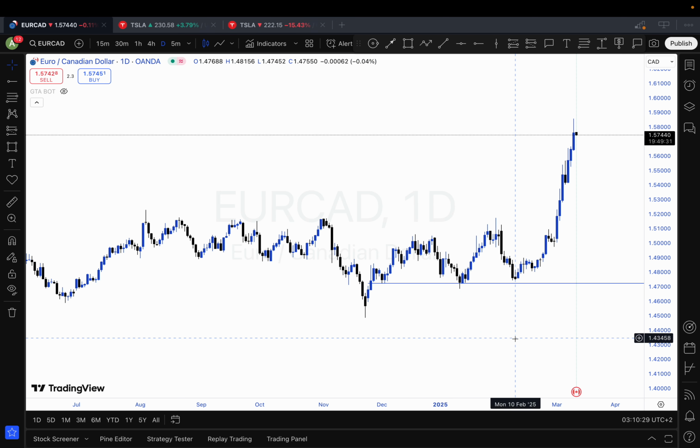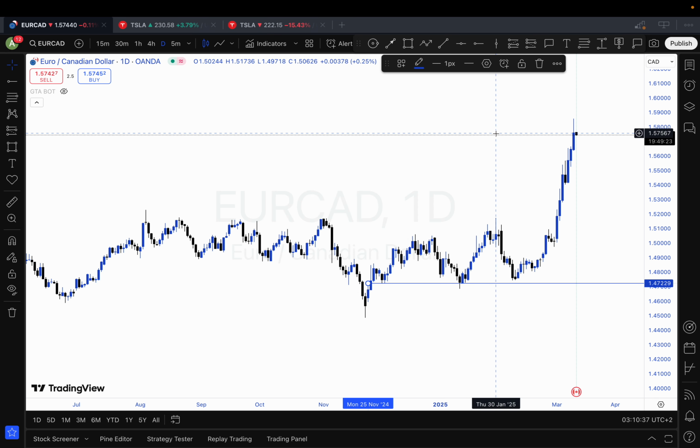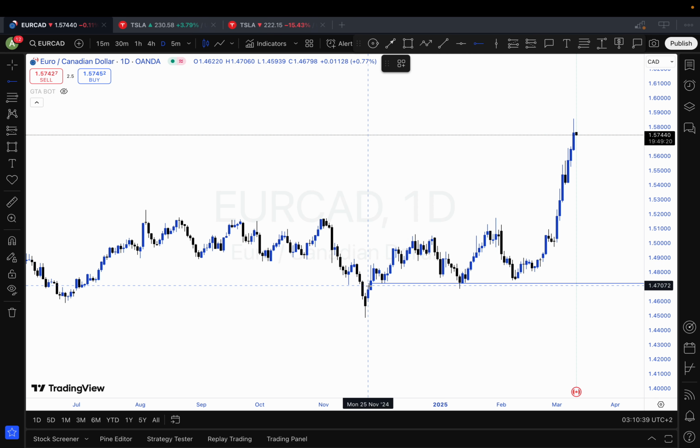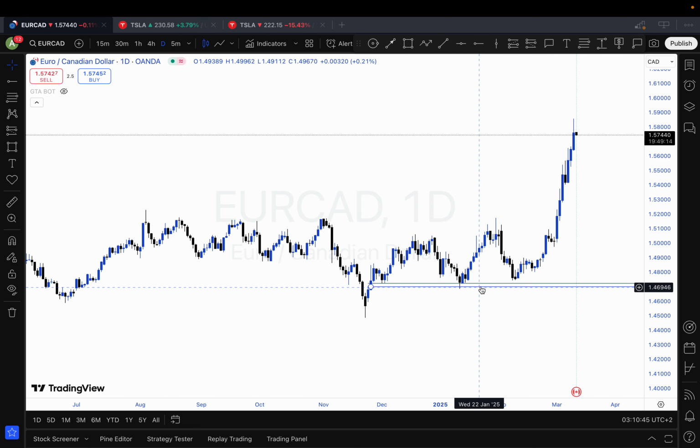This is a wick. So I'm trying to understand which one. If I double click and come to coordinate, it says 1.47229. So let me draw a different line now. I'm trying to balance this up to just 1.47. So 1.47 makes more sense and it sounds better.